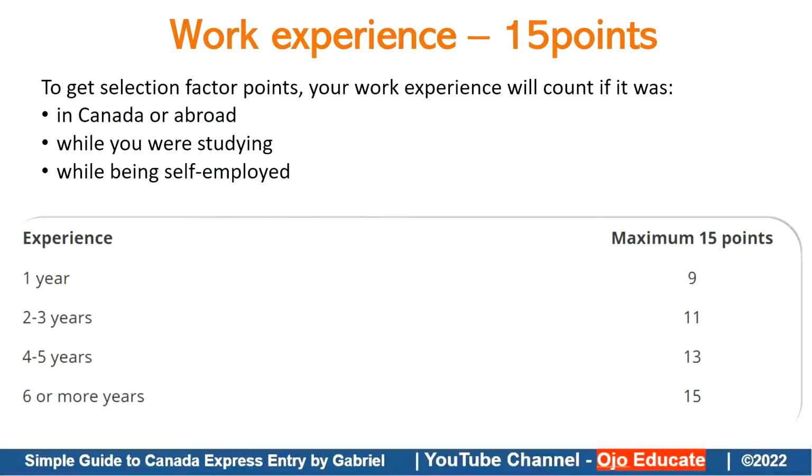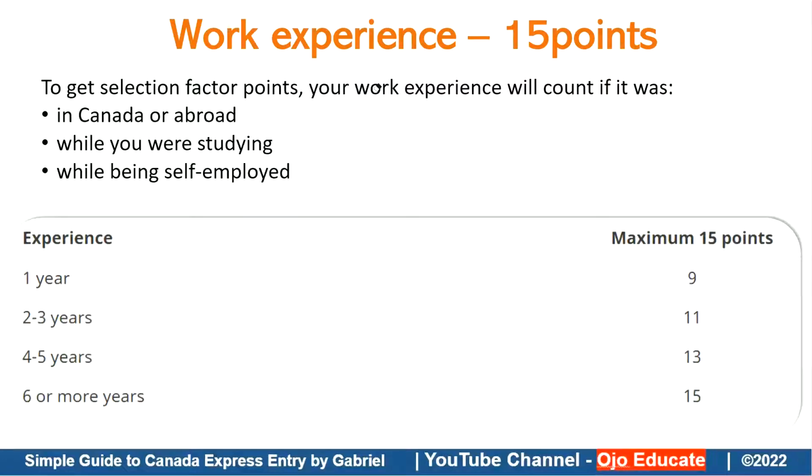If you have 1 year of experience, it's 9 points. 2 to 3 years of experience is 11 points. 4 to 5 years of experience is 13 points, and 6 or more years of experience is 15 points. So the points you are going to get depend on your years of work experience.